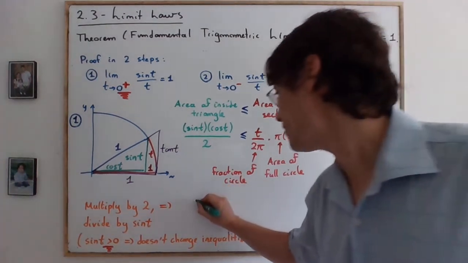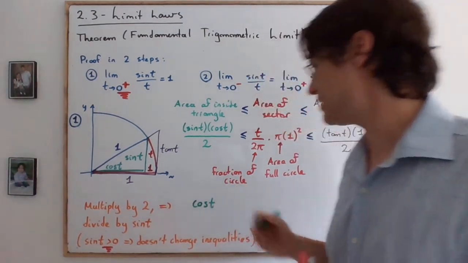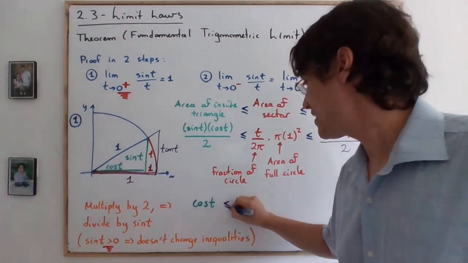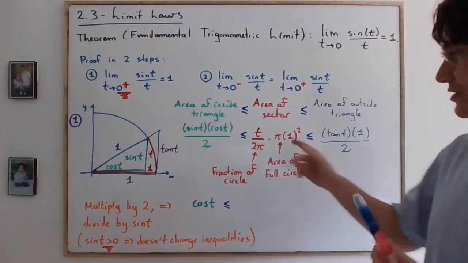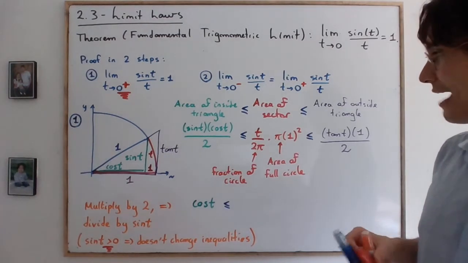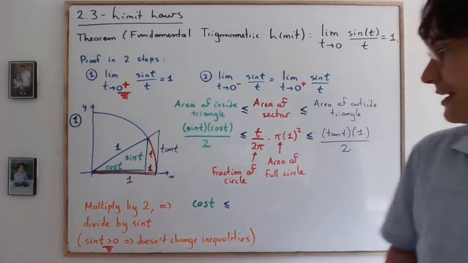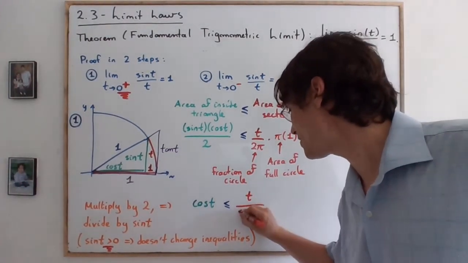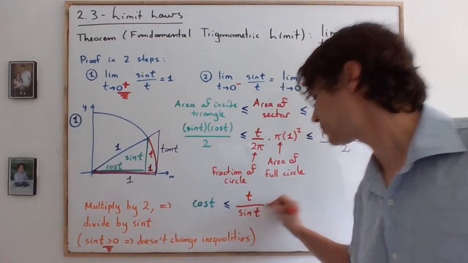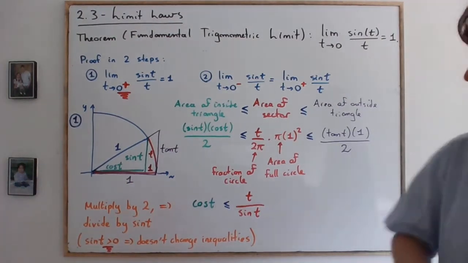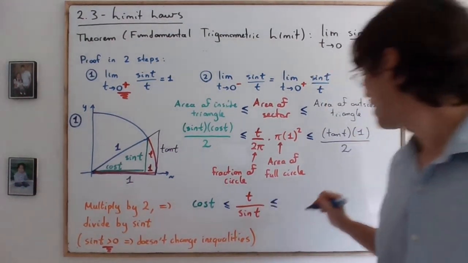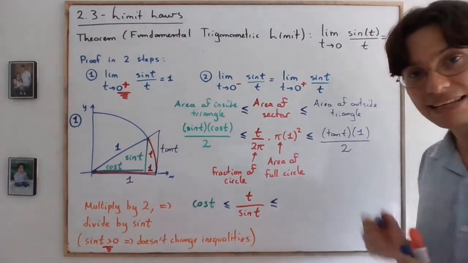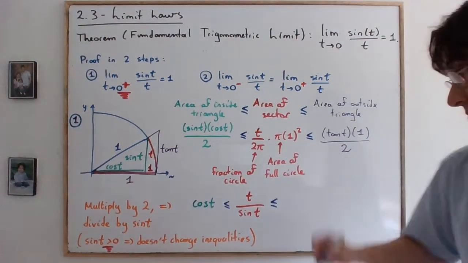What we get here is cosine of t. Then here we have cancellations, the pi, and we have t, so that's t over sine of t. And finally, the 2's cancel out, and tangent over sine is going to be the cosine.